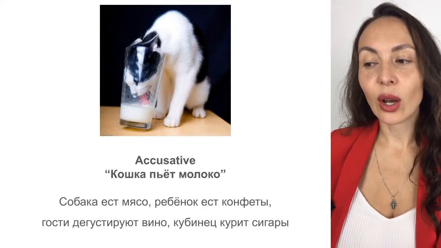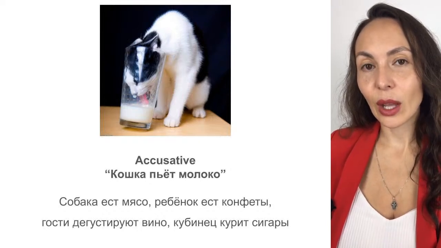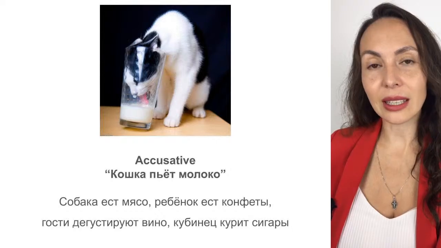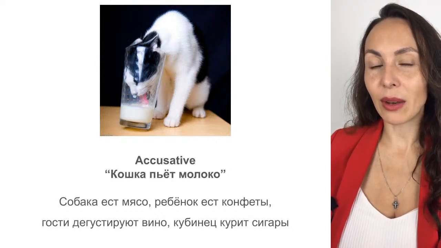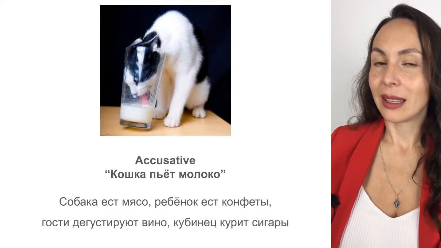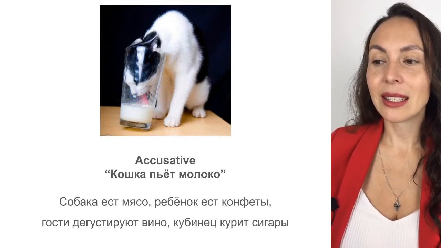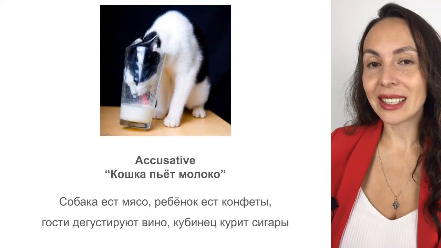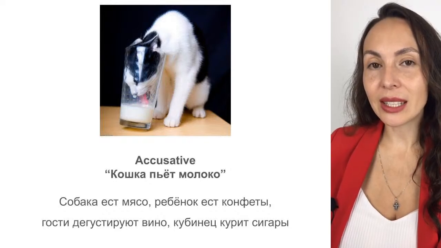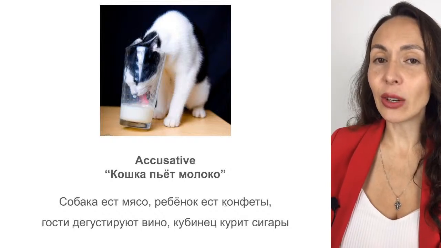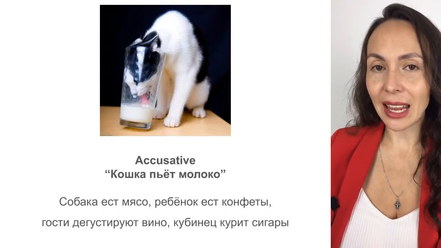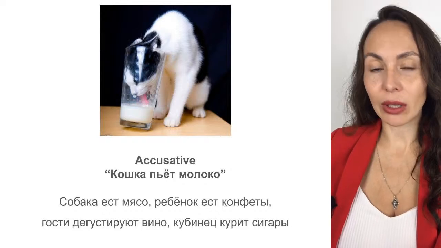Кубинец курит сигары. So, кубинец, a man from Cuba, it's just the same as a cat that drinks milk. Okay, so the situation is the same as this typical situation.